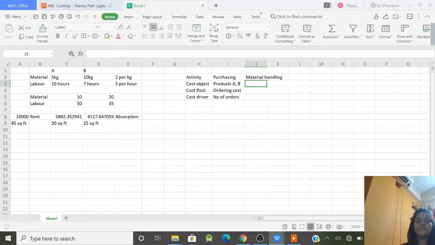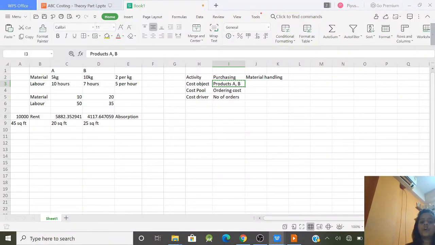That is, you have to handle that material. The cost object will be the two products, obviously. For handling, you need a warehouse where you're going to keep all those materials before they are sold in the market. So, we will need a warehouse and we have to pay rent for that warehouse.